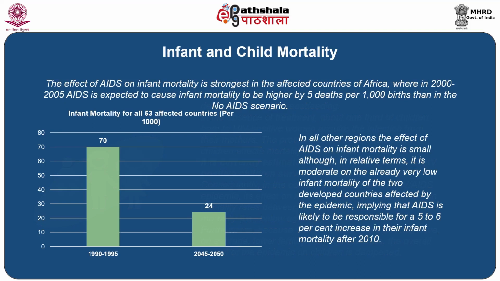The effect of AIDS on infant mortality is strongest in the affected countries of Africa, where AIDS is expected to cause infant mortality to be higher by 5 deaths per 1,000 births than in the no AIDS scenario.